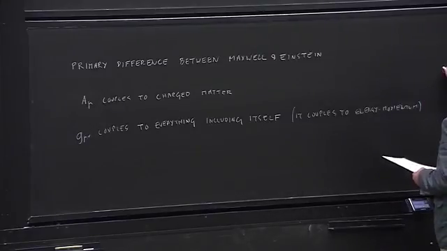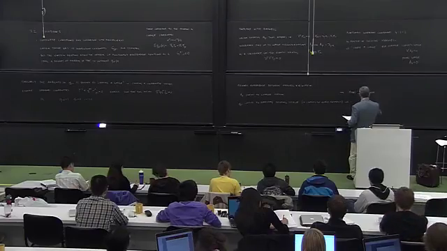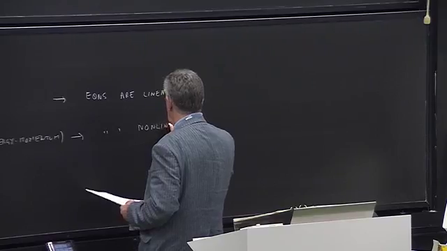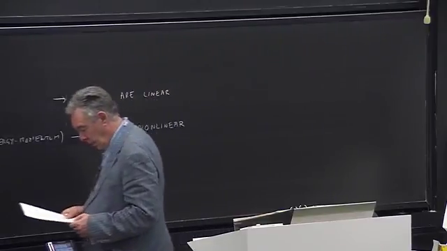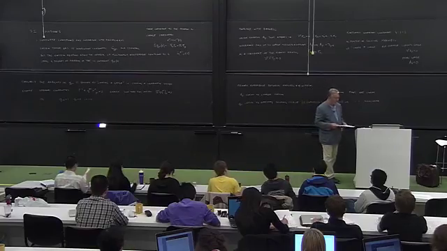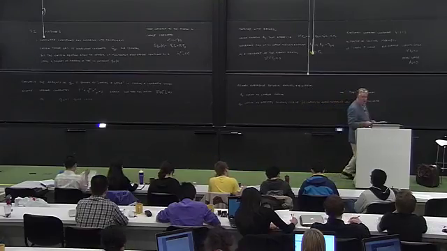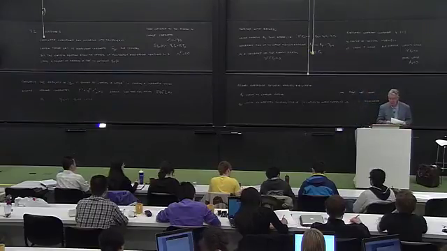Maxwell's equations are linear; in the case of Einstein, they're nonlinear. Now, this has a practical consequence: it's much harder to solve Einstein's equations than it is to solve Maxwell's equations.